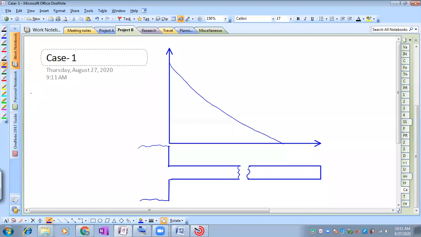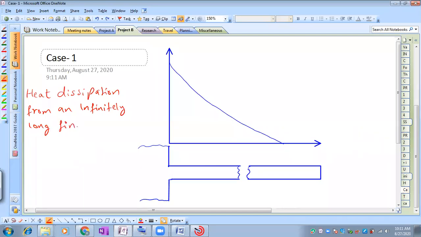So I consider the heat dissipation from an infinitely long fin.